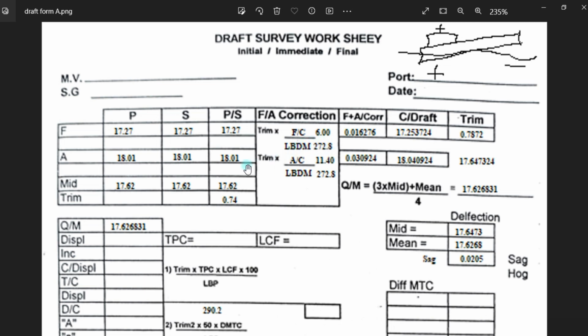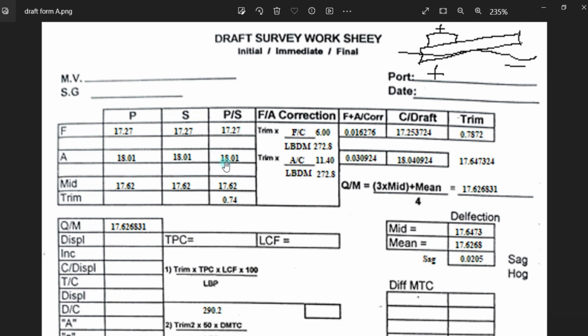Okay, take note of this initial draft. You have a draft forward of 17.27 and aft draft of 18.01, which means you are trimmed by the stern. So you have a deeper draft here on the aft and lighter draft on the forward.